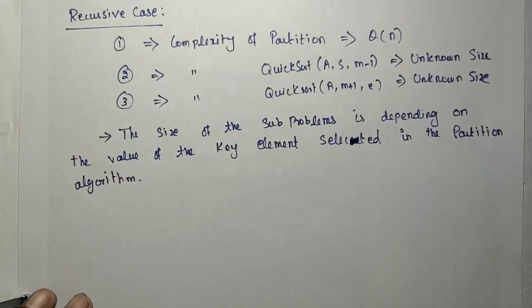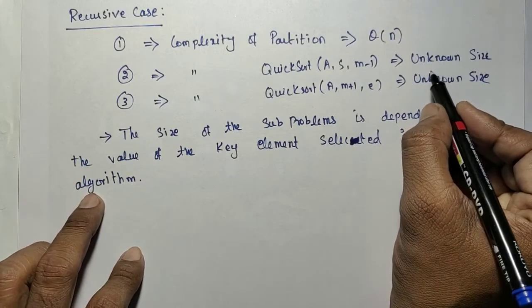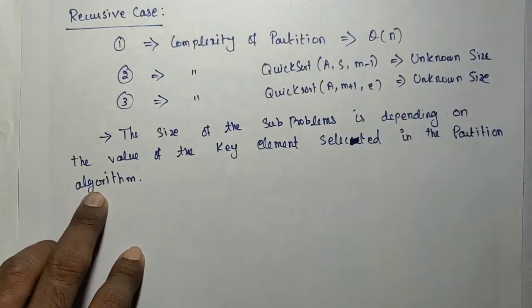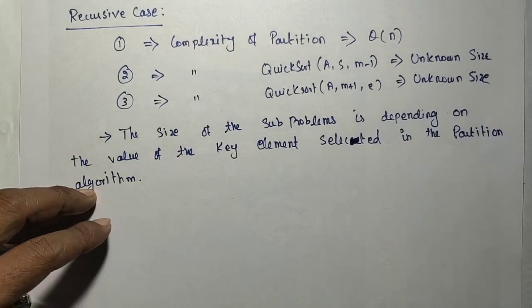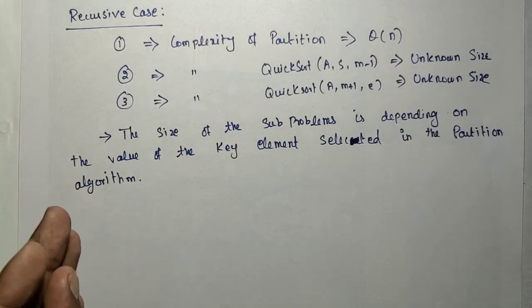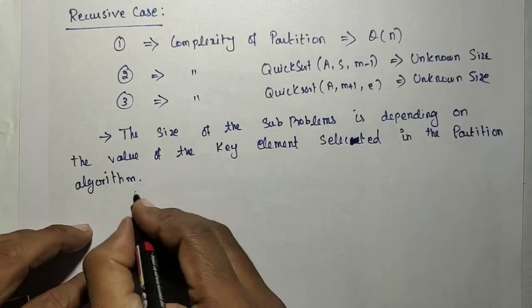So we need to analyze quicksort in 3 different cases, depending on the input values. What is the best case input, what is the worst case input, and what is the average case input.